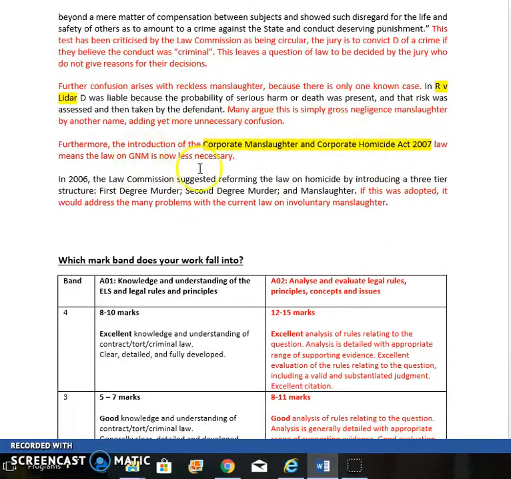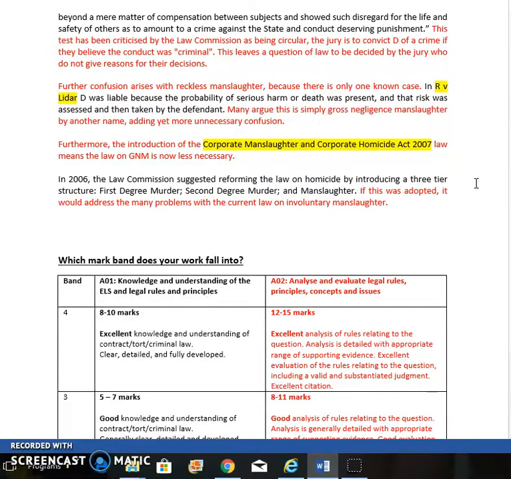I've then mentioned here that we've got the Corporate Manslaughter and Corporate Homicide Act, which means that the law on gross negligence manslaughter is less necessary than it used to be. And as part of my conclusion, I've mentioned the 2006 report by the Law Commission, and we've talked about this particular reform suggested by them before when we've looked at murder and voluntary manslaughter.